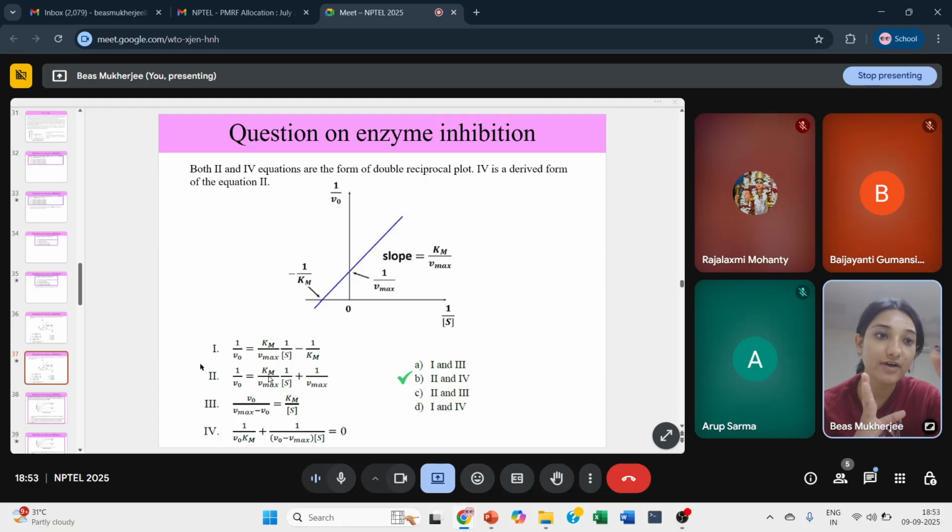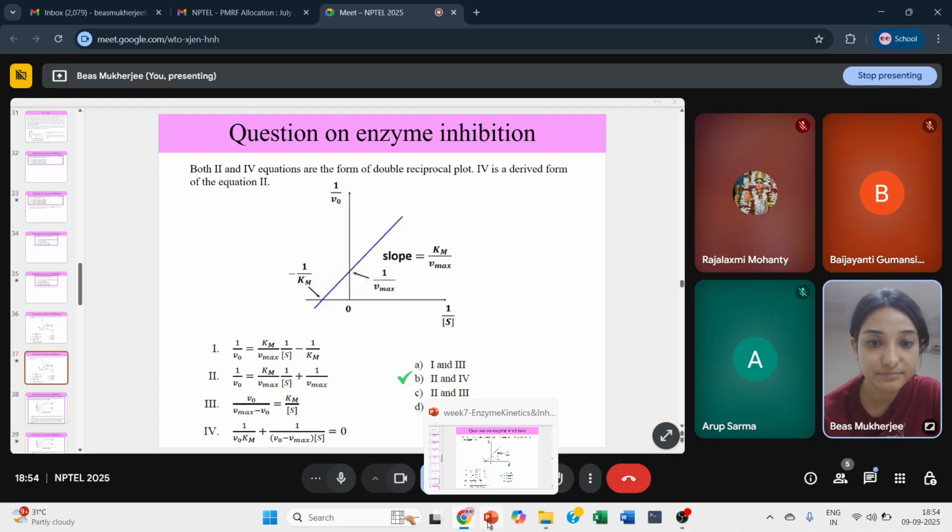And x is 1 by S. So that means 2 is definitely correct. And for option number 4, if you rearrange this and take 1 by V naught minus 1 by Vmax is equal to this other thing, and if you rearrange it, you will come to the conclusion that this is also correct. So 2 and 4 are correct.